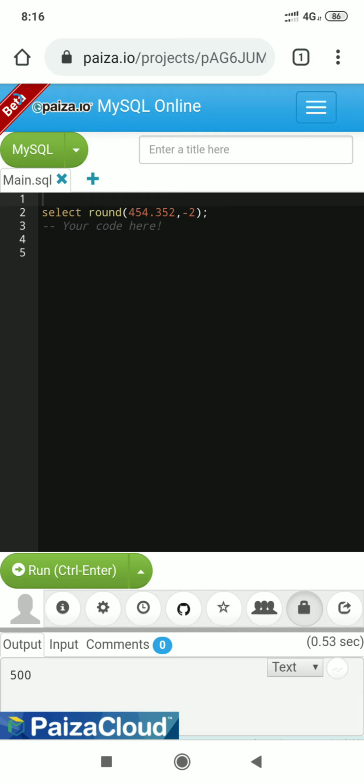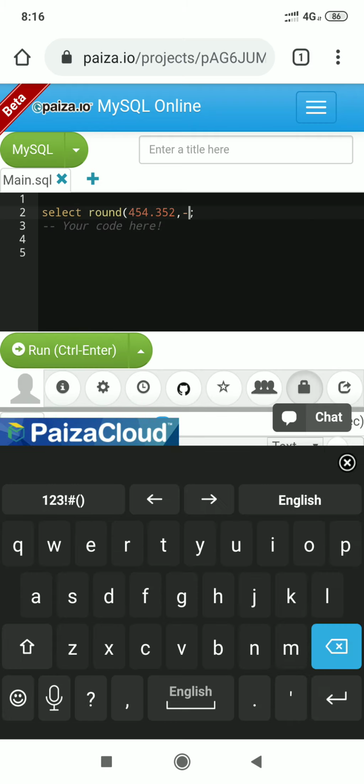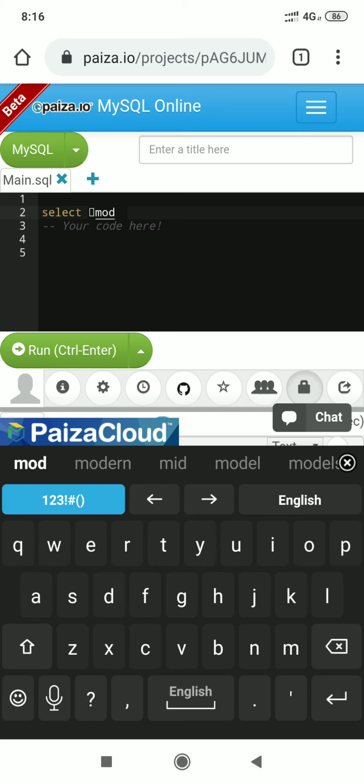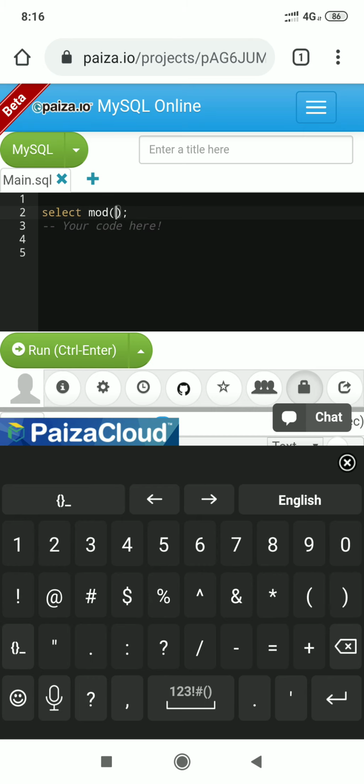Students, I am making changes here in the argument, and I will change the name of the function to MOD, then bracket, then I pass 17, comma 4.